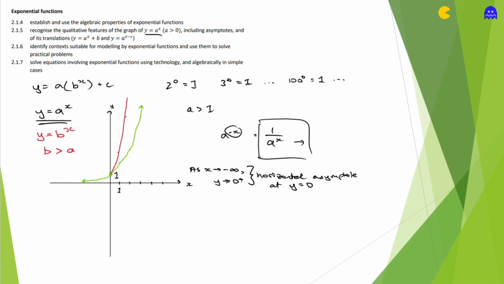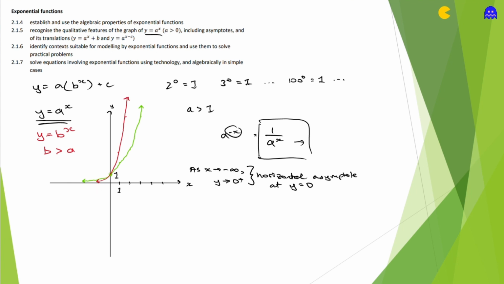As x tends towards negative infinity, we have 1 divided by a larger number raised to steadily greater values of x, so our red function approaches 0 faster than our green function. It also has an asymptote at y equals 0, but it gets there faster, slightly below the green function.